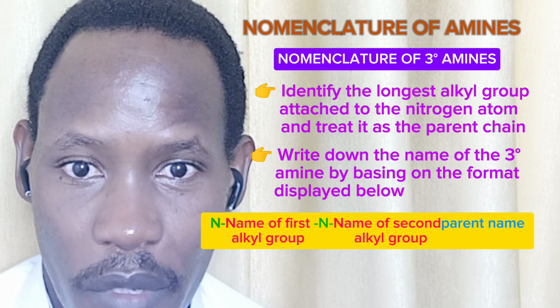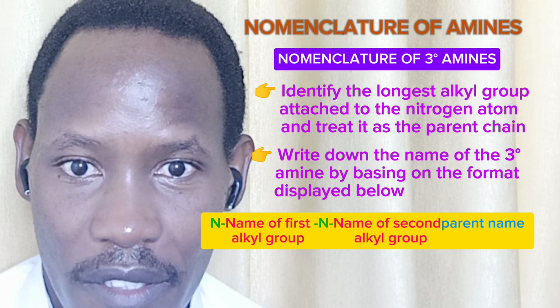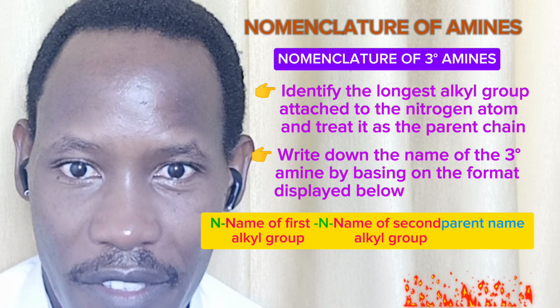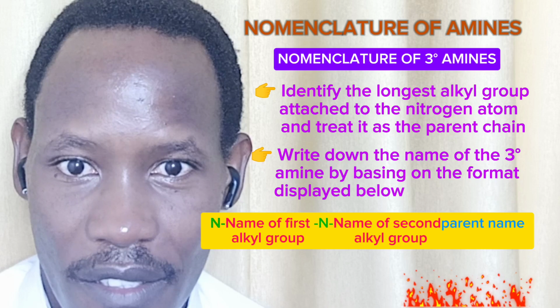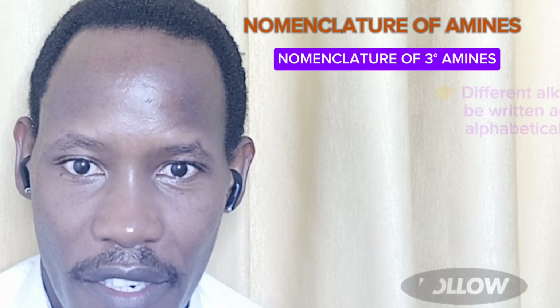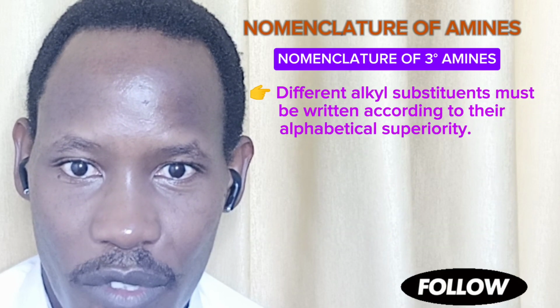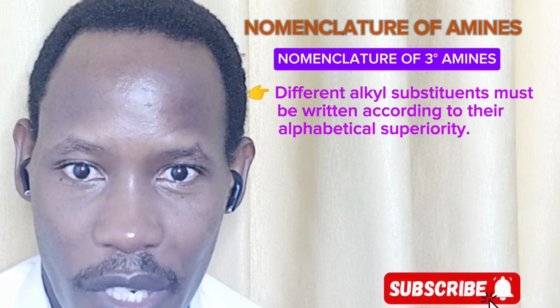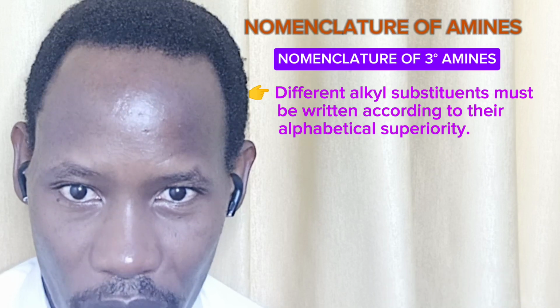Notice that the parent name of the tertiary amine corresponds to the name of the parent chain that has been obtained in the step above. Different alkyl substituents must be written in alphabetical priority.